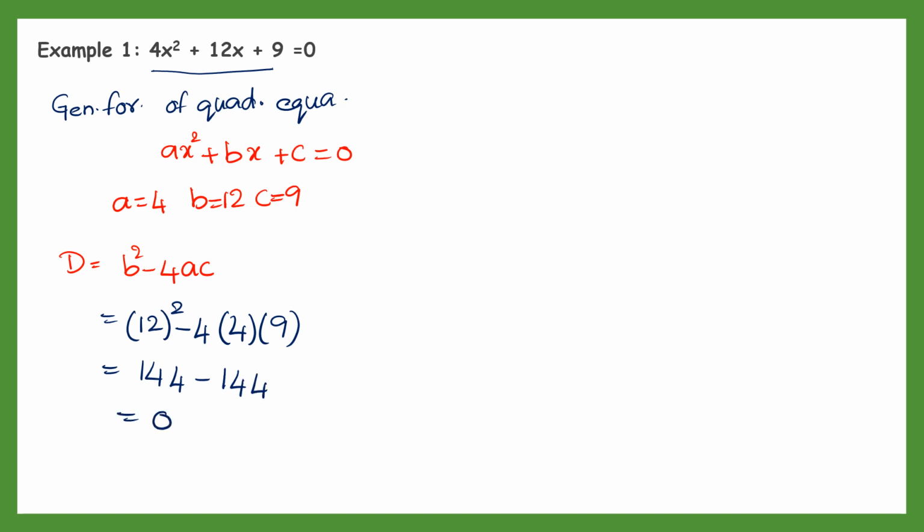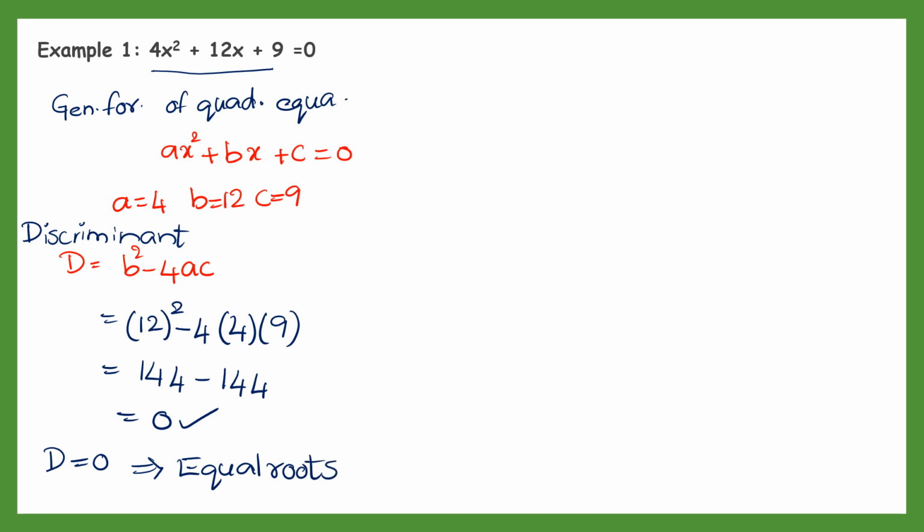So D = 0. We know that if the discriminant is 0, you will get equal roots, so both roots should be equal.